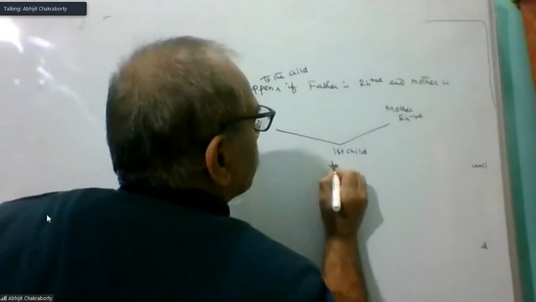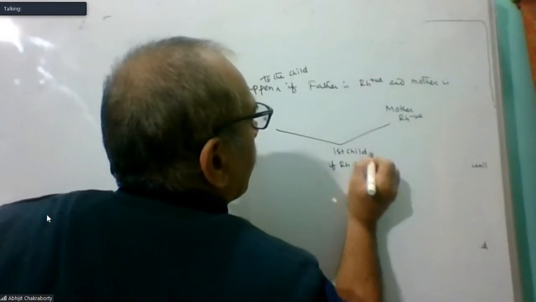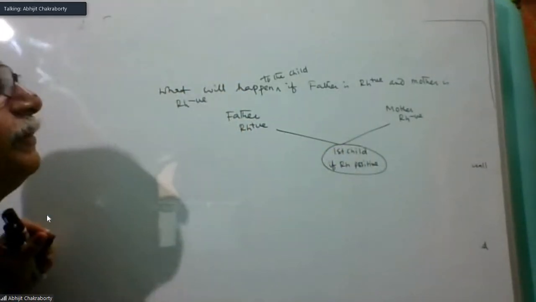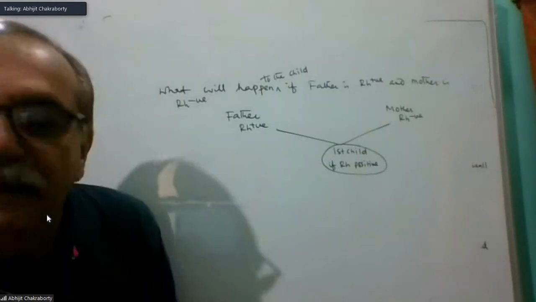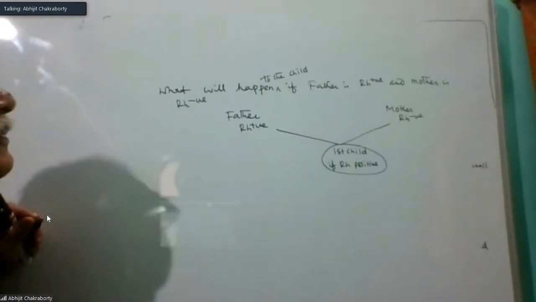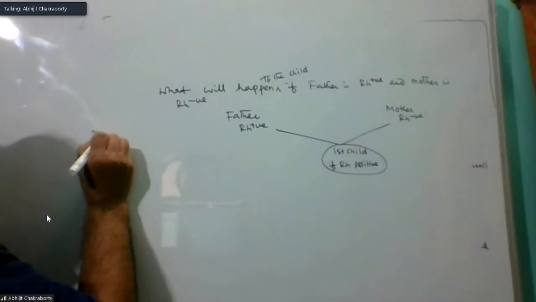If Rh positive... because if the father is Rh positive and the mother is Rh negative, it is not always true that the first child will be Rh positive, because the father's genotype may be like this.